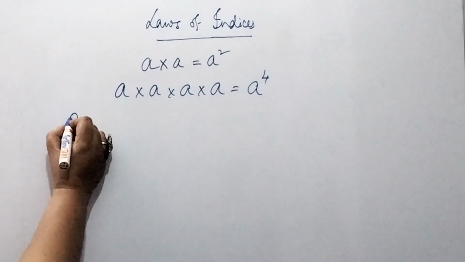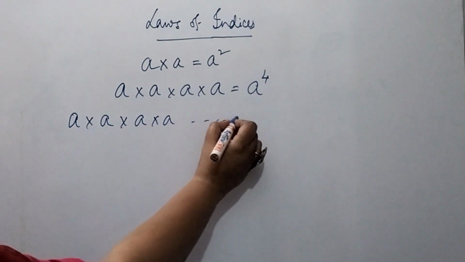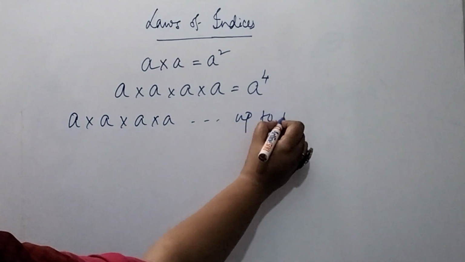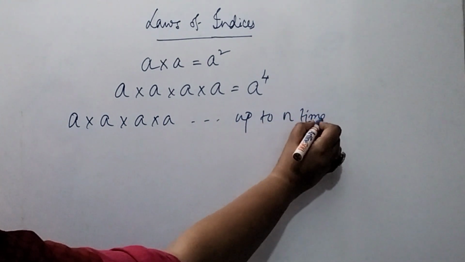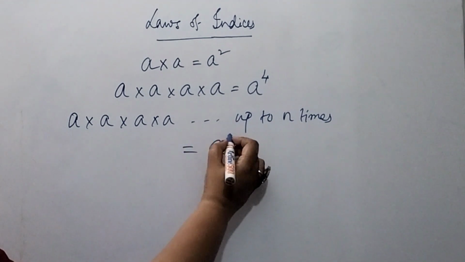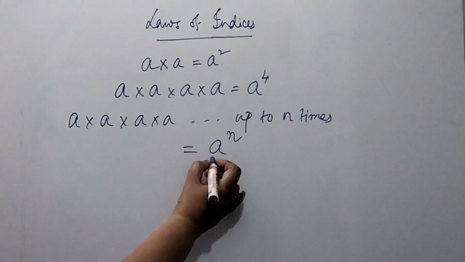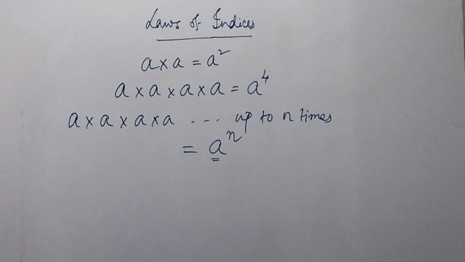Instead of 4, if we consider a into a so on up to n times, then obviously this can be represented as a to the power n. So here a is the base and n is the index. This is how we represent any real number in the index form.